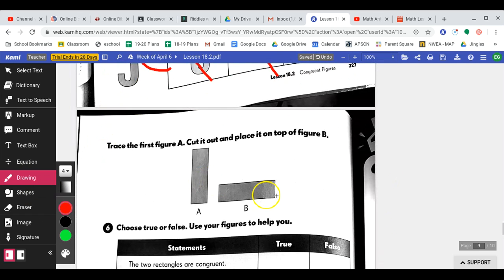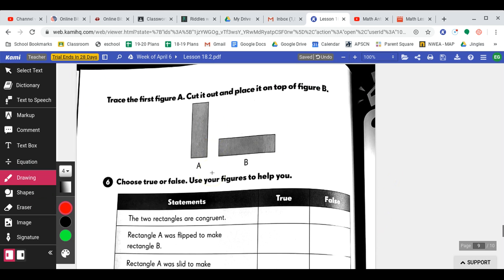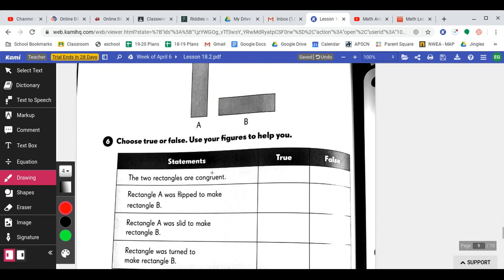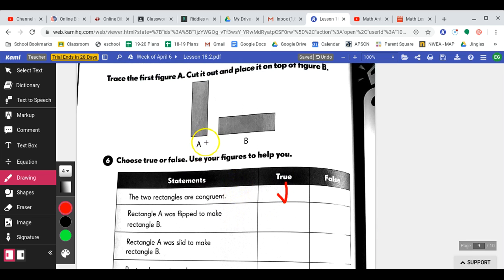Okay. Trace the first figure A, it says, and cut it out and place it on top of figure B to answer the following questions. Are the two rectangles congruent? True or false? And we're just going to do check and X for these. Are they congruent? Should be yes. Was rectangle A flipped to make rectangle B?